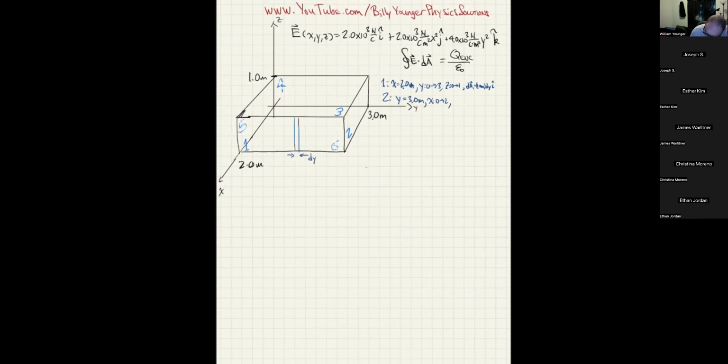And z is going to go from 0 to 1. In this case, since the dA vector has to point in the j hat direction, only the middle term of the electric field is going to matter. And that one has an x squared dependence.